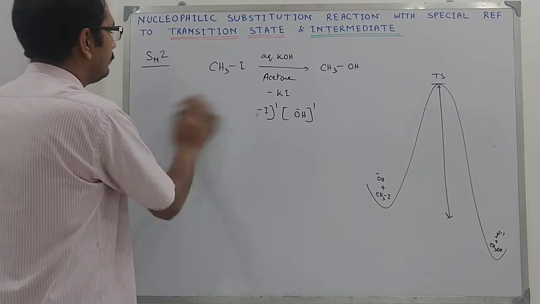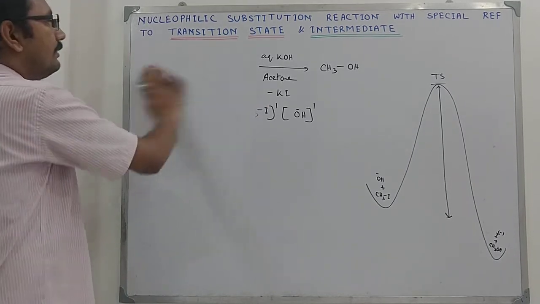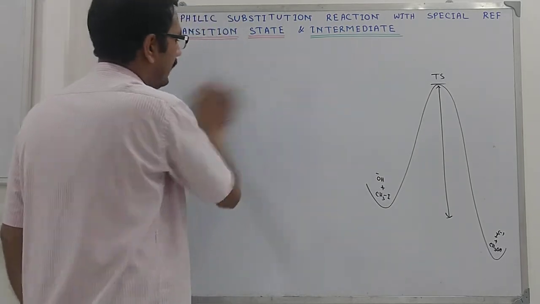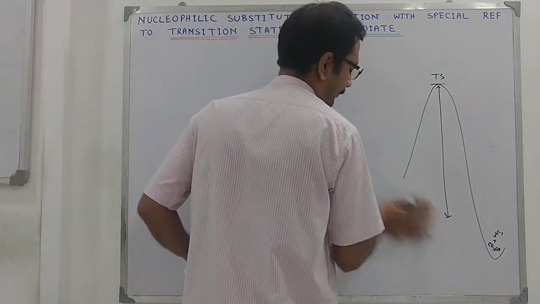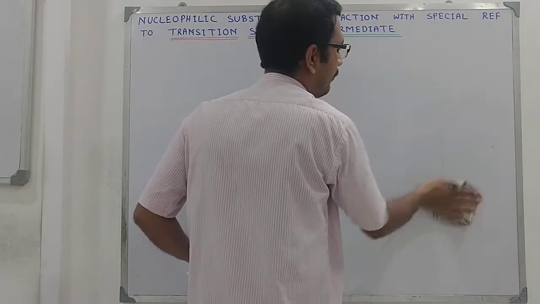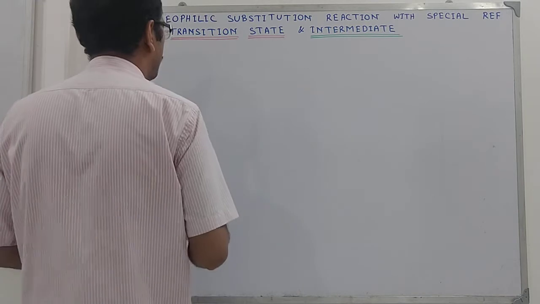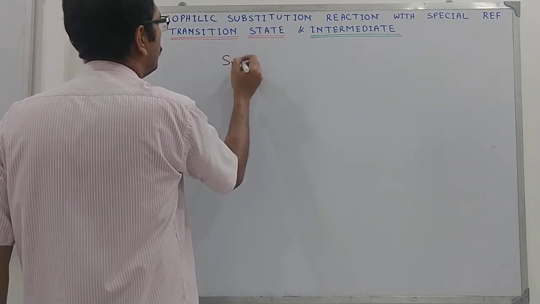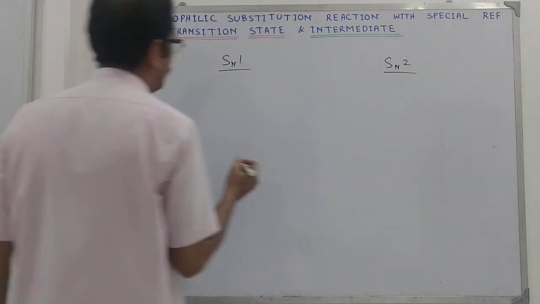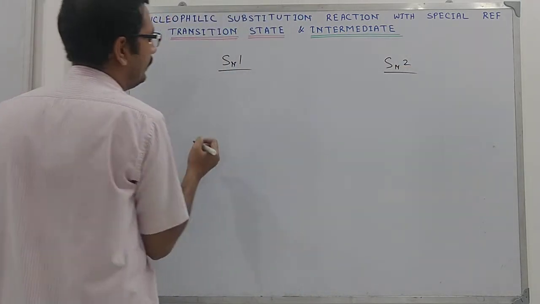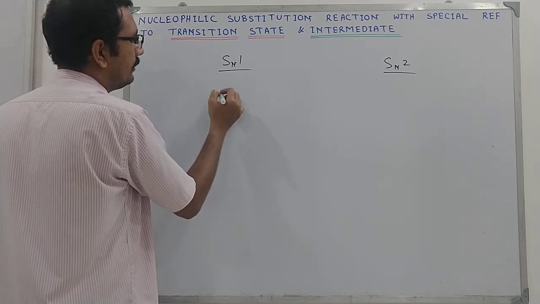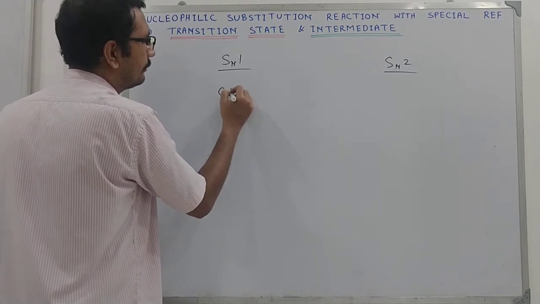Now which factor can make SN1 or SN2 feasible? So a comparison is required. Now for the SN1 reaction to happen, this mechanism will proceed through a carbocation.